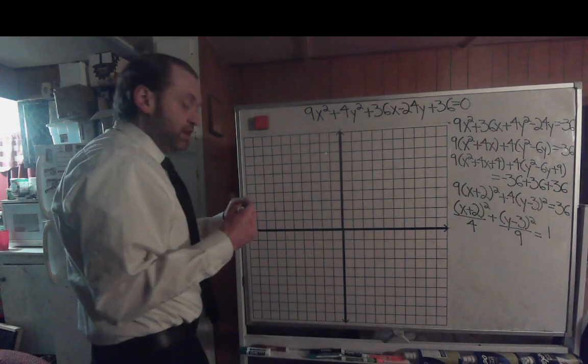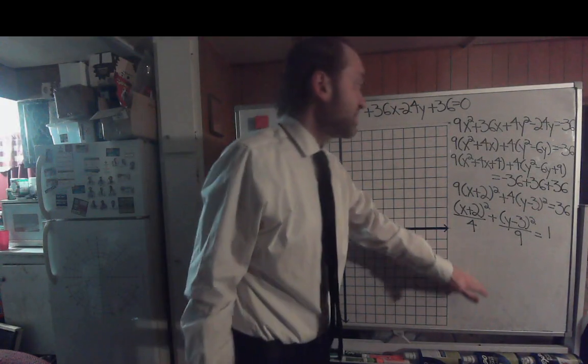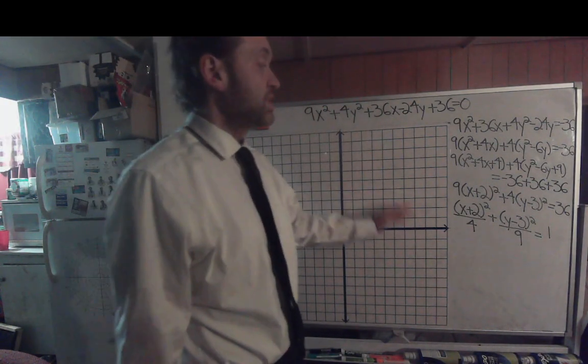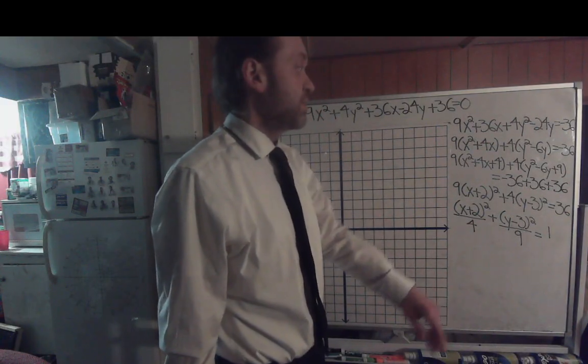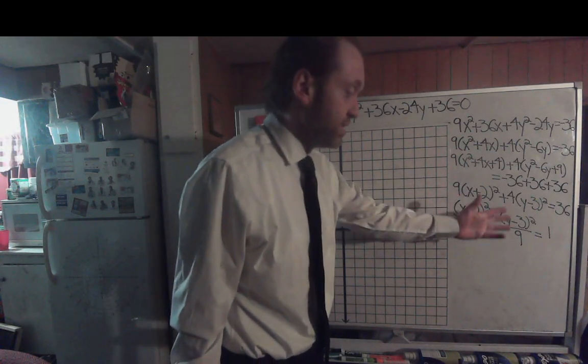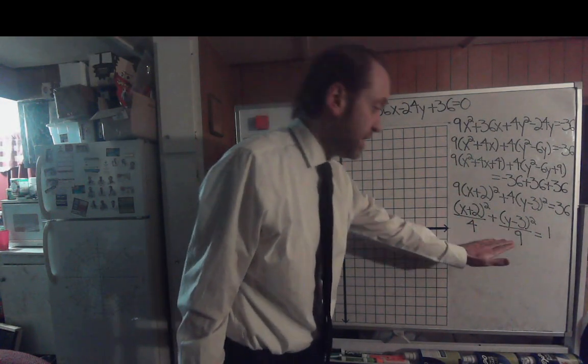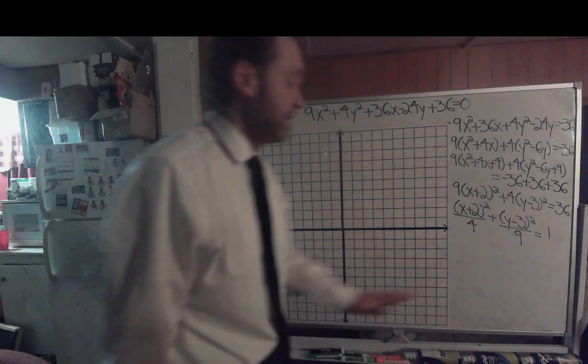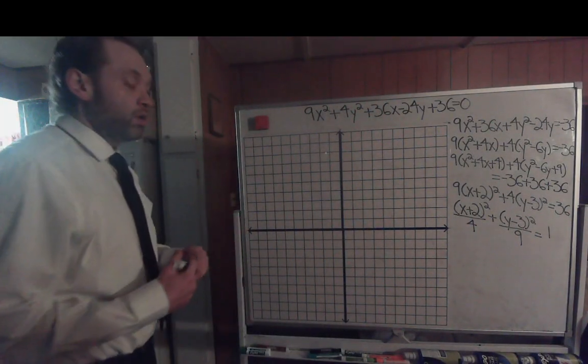Now you have the equation of an ellipse. That's why we went through the process of getting the variables together, factoring out the constant terms, and then completing the square. So we can get the equation of an ellipse. Now we know what we're working with here.